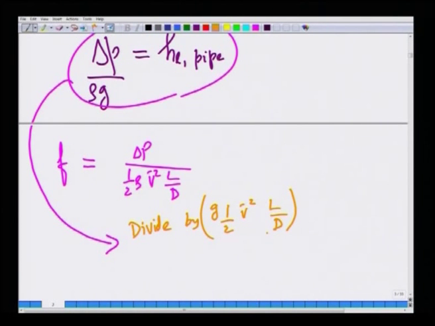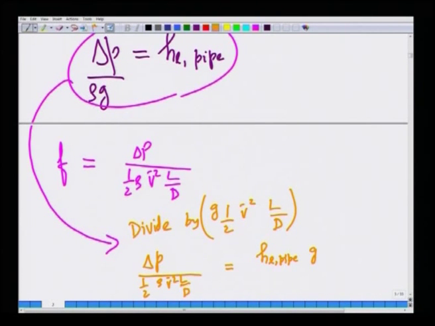If I do that, I will get delta P by half rho V squared L by D, because I am multiplying by g, is equal to HL pipe times g.